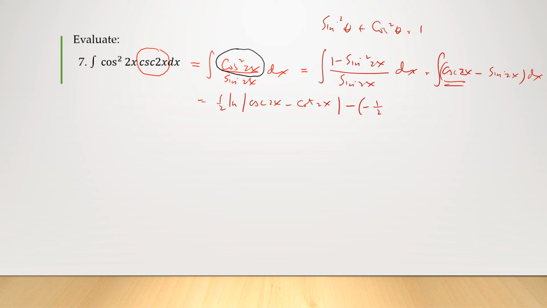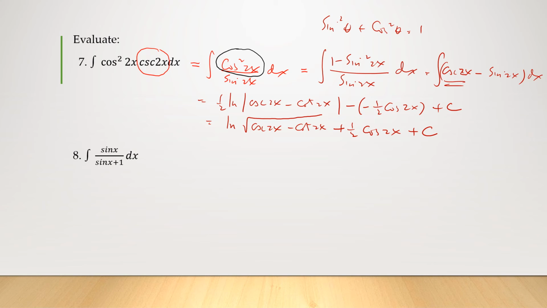And then the integral of sine is negative cosine of 2x plus c. So that will be equal to ln; we can use 1/2 as the exponent of cosecant 2x minus cotangent 2x. So we write here the square root of cosecant 2x minus cotangent 2x. And then negative times negative 1/2 is of course positive 1/2 cosine of 2x plus c.